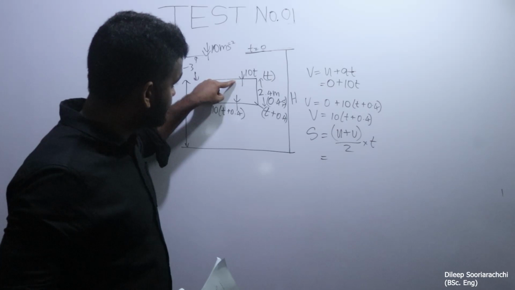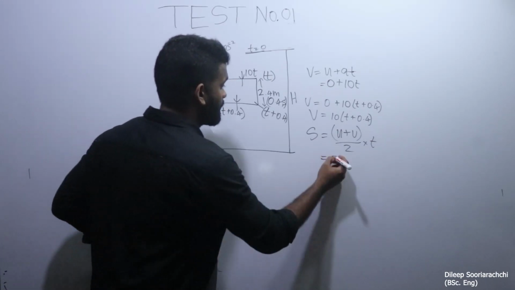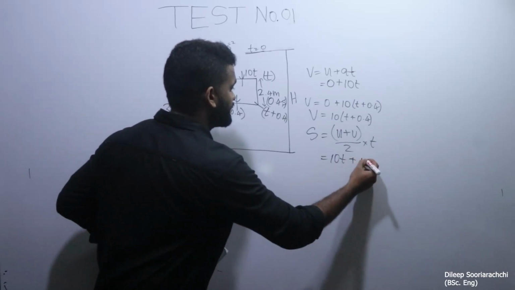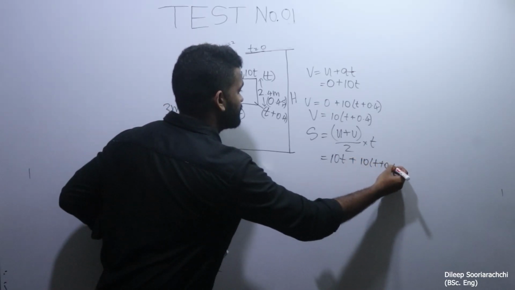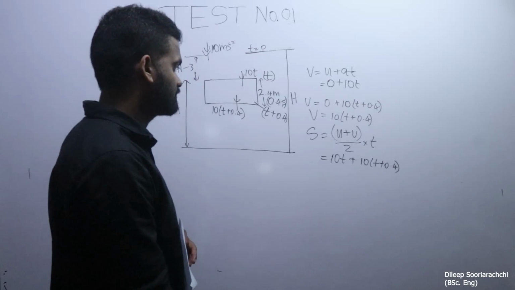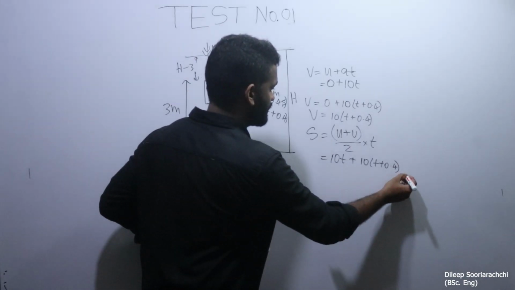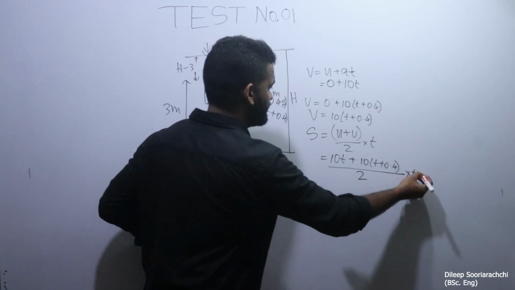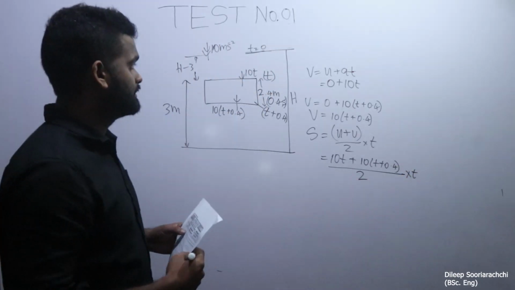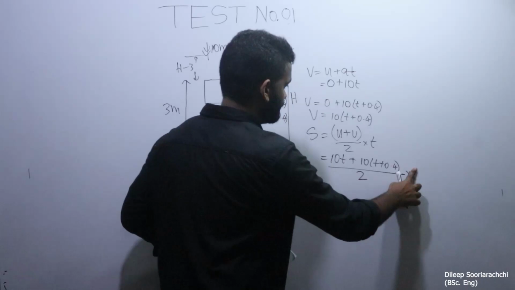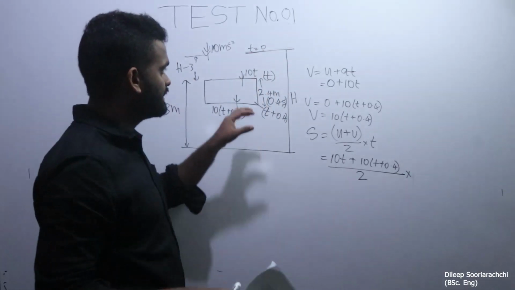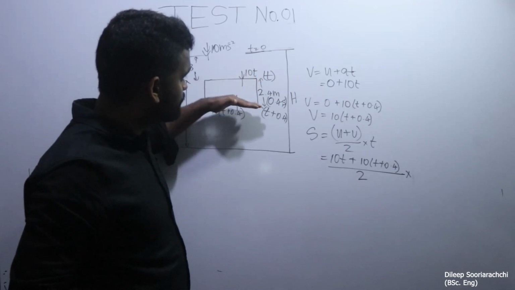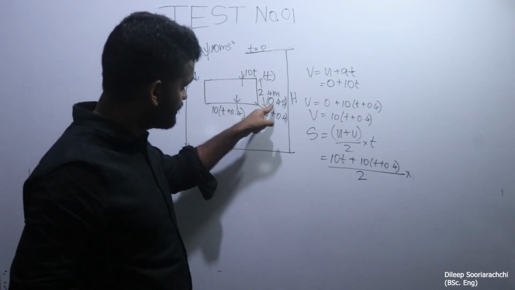The speed at the top is 10t, the speed at the bottom is 10 times (t plus 0.4), divided by 2, then multiplied by the time. It is not t here, because they have given the time for the mango to pass the window, which is 0.4 seconds.